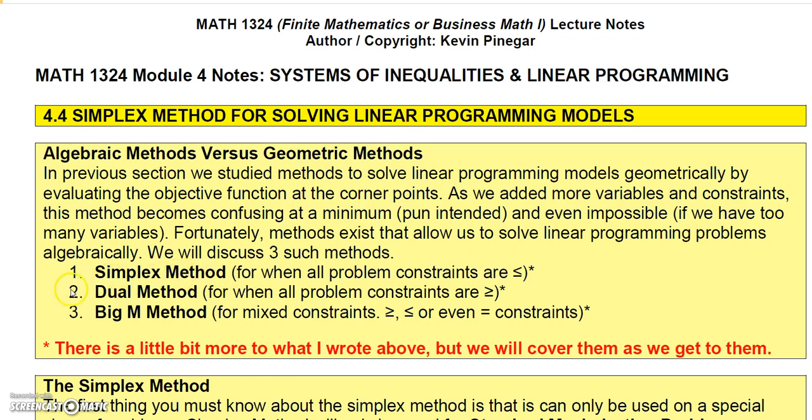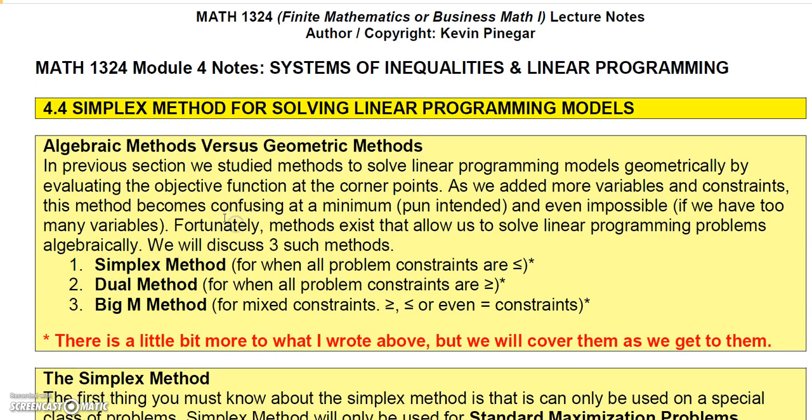Now, there are two other methods. There's the dual method, which is for when you're minimizing a problem and all the constraints are greater than form. And then the big M method is used if you have mixed constraints where you have less than or equal to, greater than or equal to, or even some equal to constraints. So we're going to start with the first one here, the simplex method.